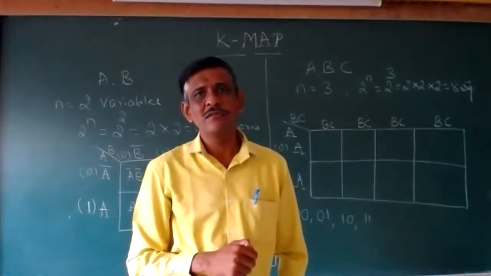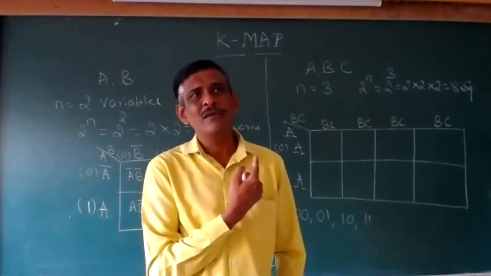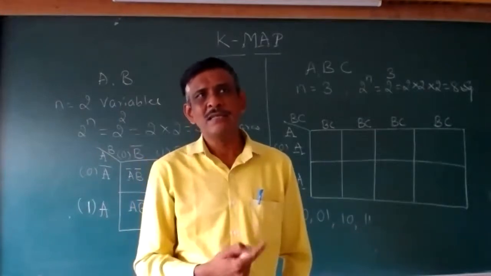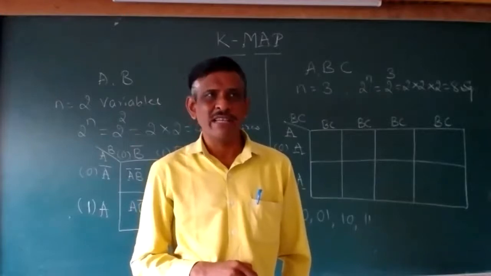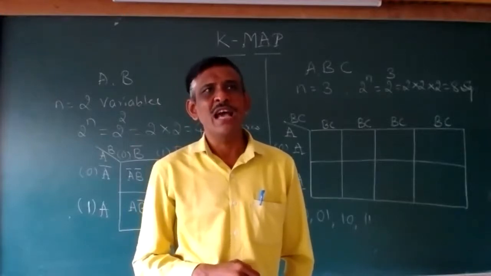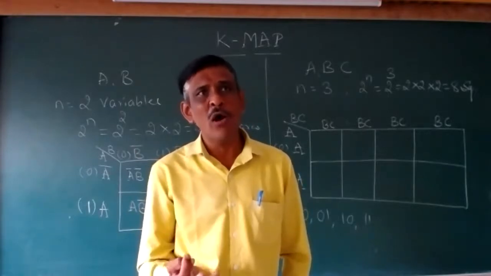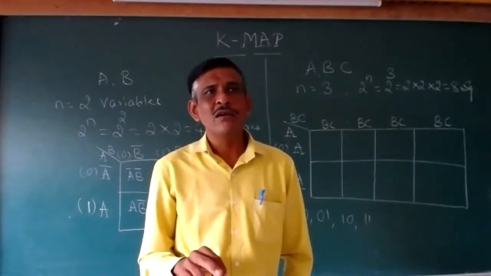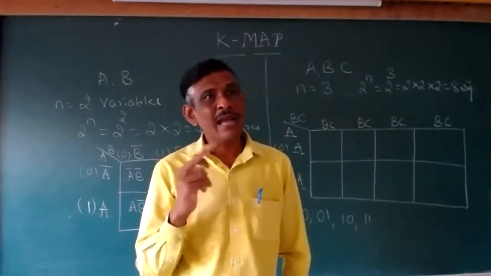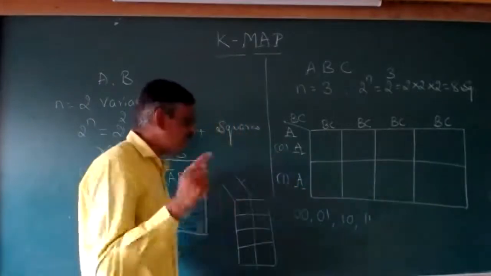If the variables exceed 2, whether a 3 variable K-map or 4 variable K-map, we are using Carnot's gray code to represent the rows and columns.